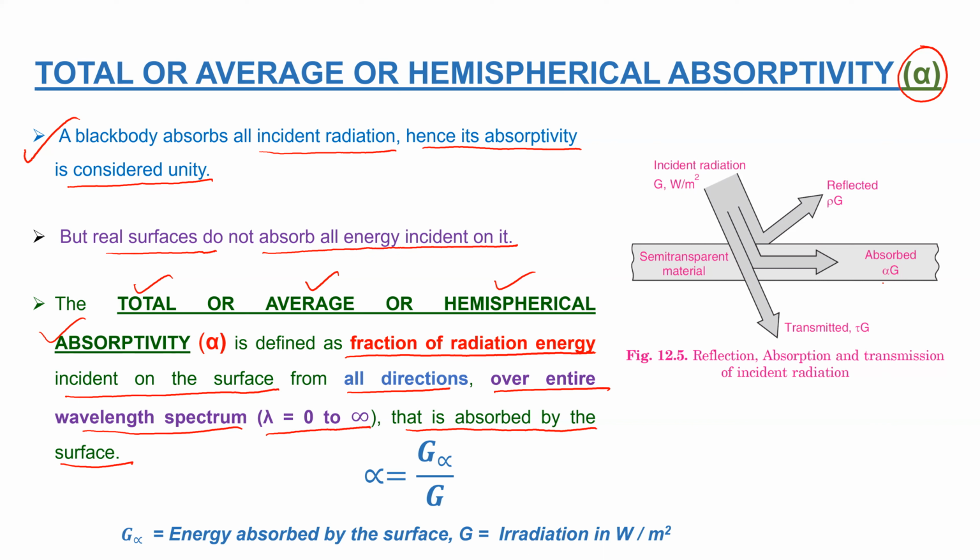The energy absorbed by the surface is G alpha, so alpha is given by G alpha over G. G alpha is the absorbed amount of energy, and G is the total incident energy. The ratio of these two is known as the total or average or hemispherical absorptivity.